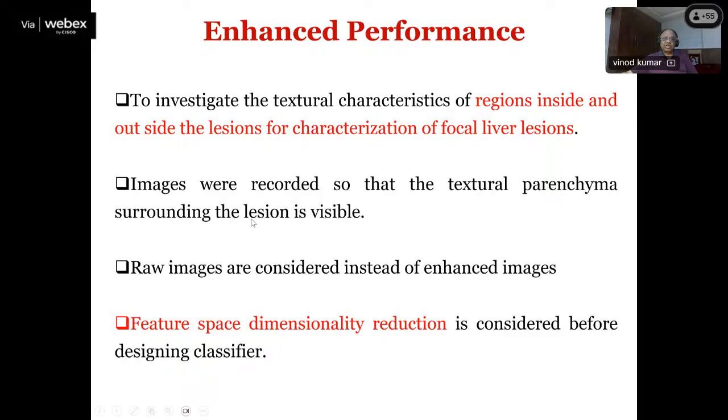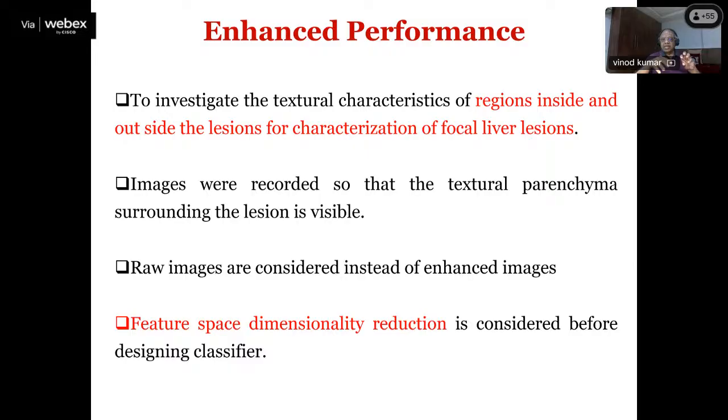So what we thought was that we should try to consider some of the images of the tumor, from the segment of the tumor, in different ultrasound machines.